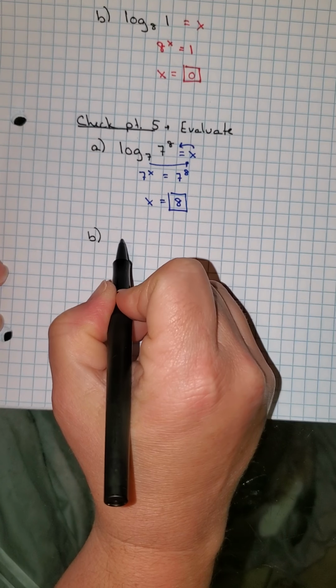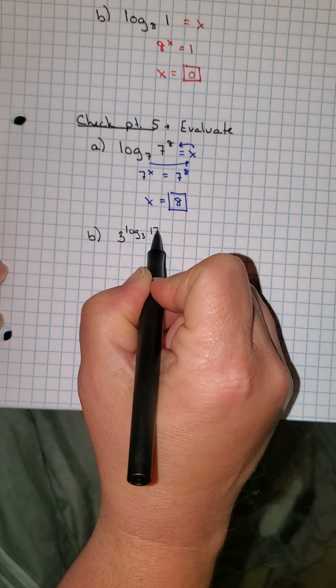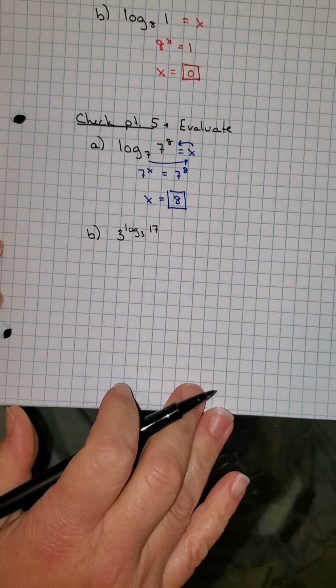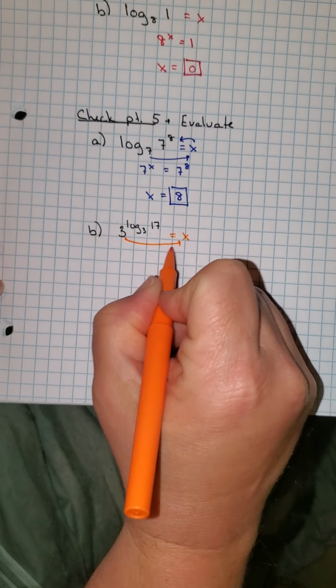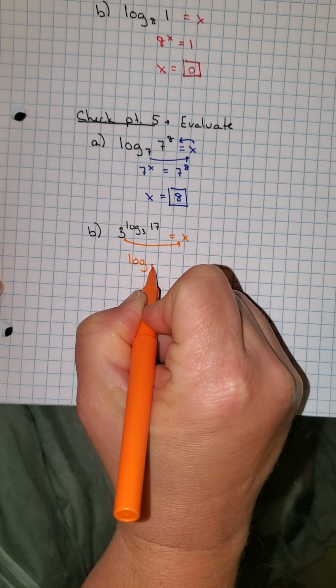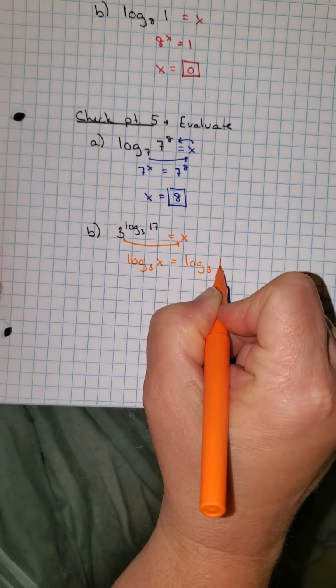B, you have 3 to the log base 3 of 17. And this one's crazy, but your odd man out is 17. This one actually is not a log problem. This one is actually an exponential problem. If you set this equal to x, you would take it out of exponential form, have log base 3 of x equals your exponent, which is log base 3 of 17.